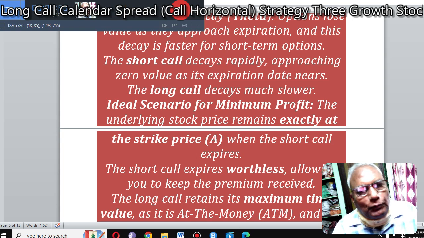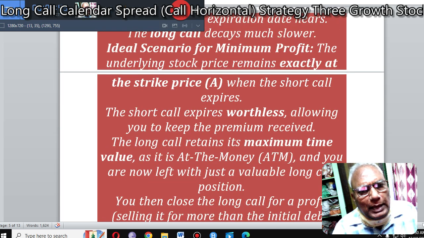Ideal scenario for maximum profit: the underlying stock price remains exactly at the strike price when the short call expires. The short call expires worthless, allowing you to keep the premium received.